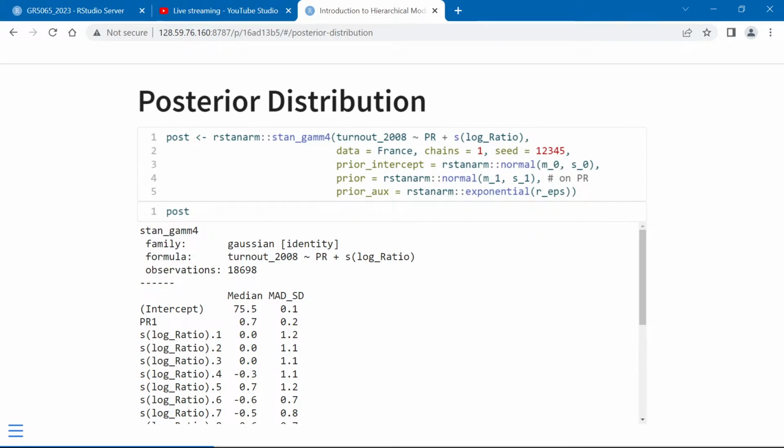So at the top here we have posterior median on the intercept 75.5, totally reasonable. Posterior median on the coefficient for the PR dummy variable 0.7 has a posterior standard deviation of 0.2. So we're quite sure this indeed has a positive effect.